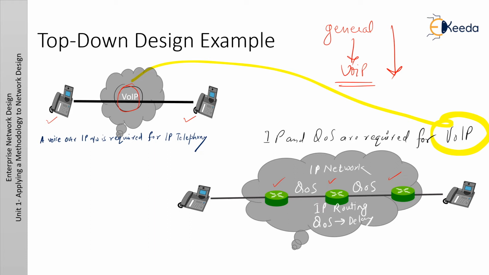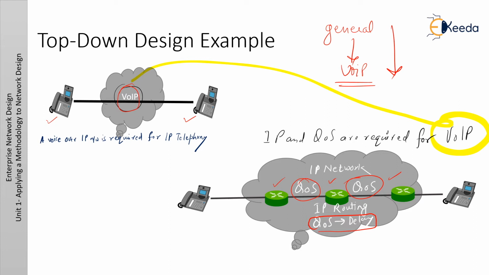The IP network's delay is also managed. To achieve this, specific quality of service mechanisms are implemented in this network. So this is the scenario when we use top down design.